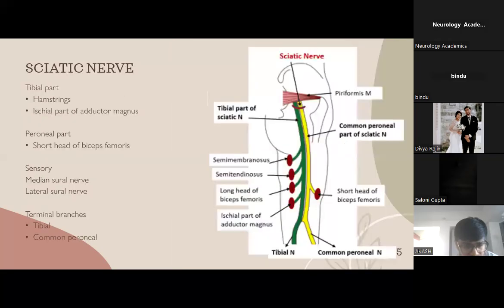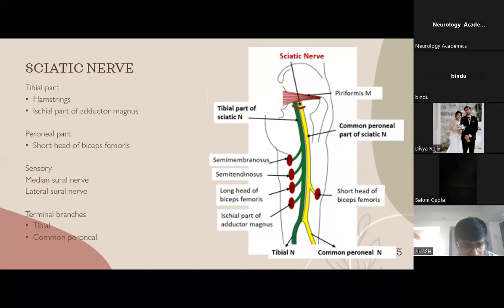The sciatic nerve exits through the greater sciatic foramen under the piriformis muscle. And it has two parts, tibial part and common peroneal part. The tibial part supplies the hamstrings, helps in knee flexion, and also the ischial part of adductor magnus. The peroneal part of the sciatic nerve supplies the short head of biceps femoris.